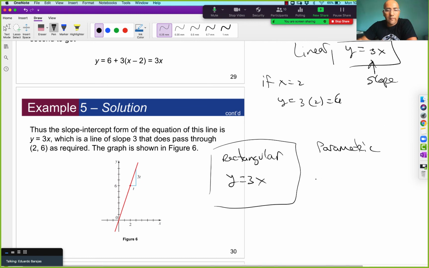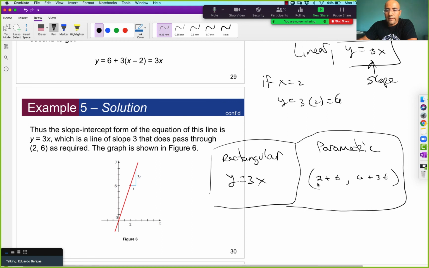In parametric form, I would have 2 plus t, comma, 6 plus 3t. It'll still give me the exact same graph, except it'll give me even more information.